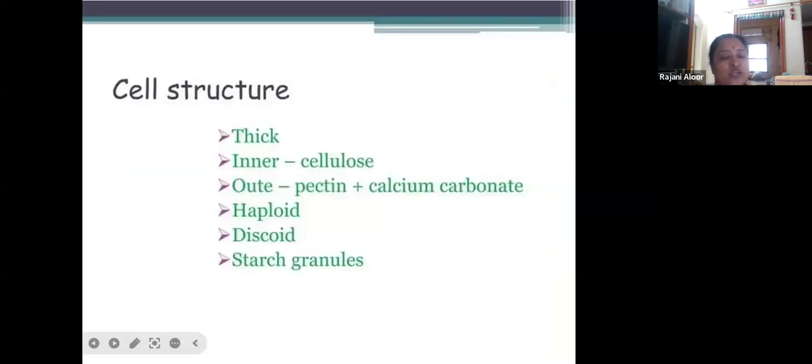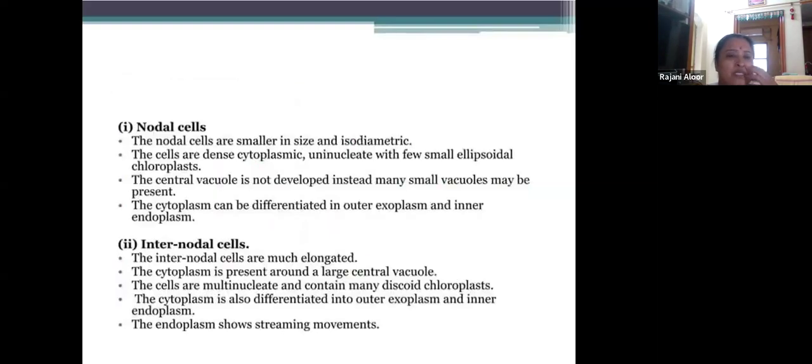Chara corallina is the best example for the cortex cell. Coming to the cell structure. The main axis of Chara consists of mainly two types of cells, nodal cells and internodal cells. Both are made up of cells. The cell wall thickening, inner cell wall, outer pectin, haploid, discoid starch granules are all present.